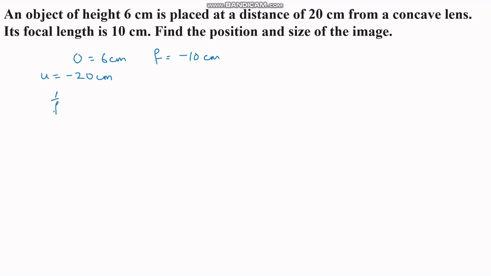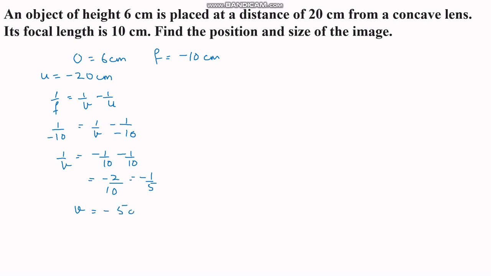So U will be minus 20 centimeter. Now we have 1 upon F is equal to 1 upon V minus 1 upon U. Let's substitute the values. 1 upon minus 10 will be equal to 1 upon V minus 1 upon minus 20. So this will give me, so children, V is coming out to be minus 5 centimeter, right?